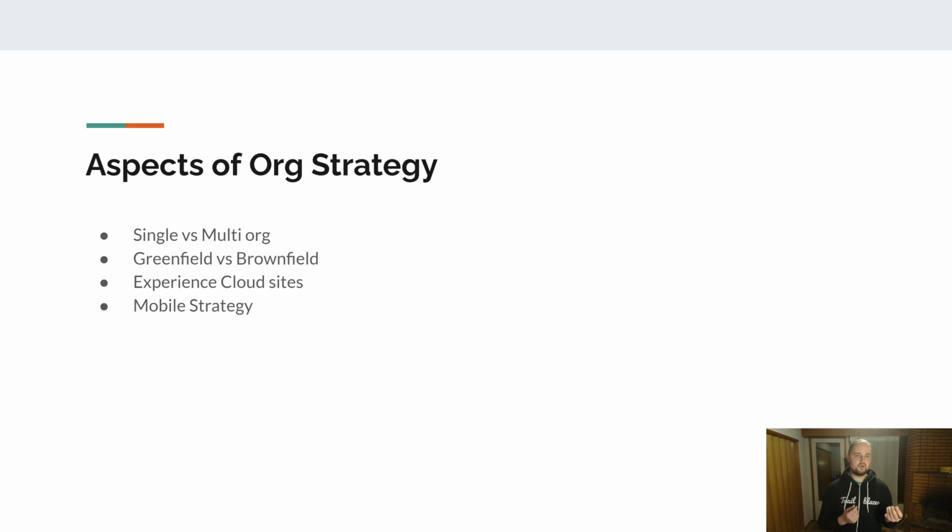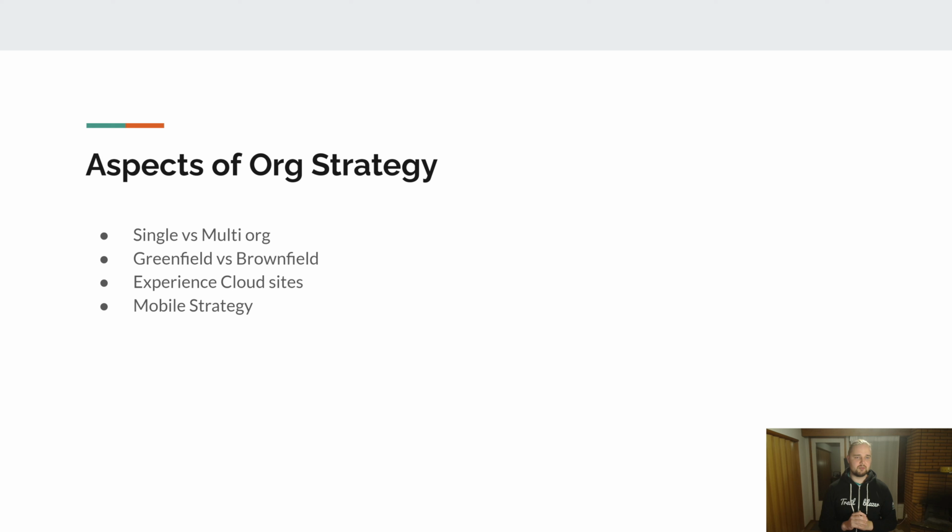Then we also need to consider how many Experience Cloud sites we're going to have. Is it going to be 1, 2, 3, 4? How many, and for what purpose will those sites be used? If we do decide to go multi-org, it's going to be very hard for us, and there are some limitations to reducing the number of Experience Cloud sites if we have, for example, customer communities that we want to build up.